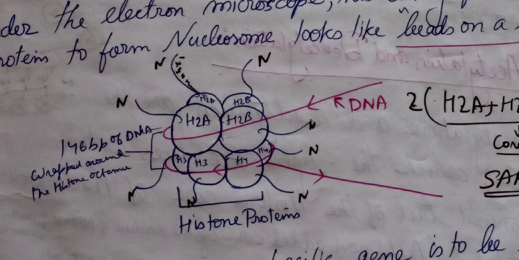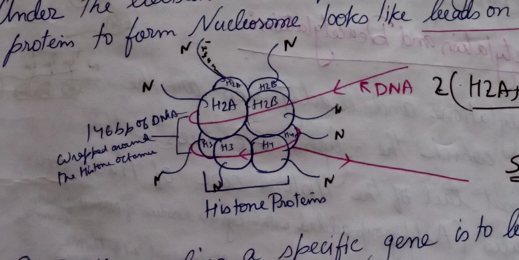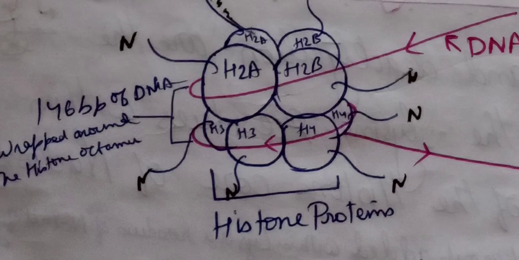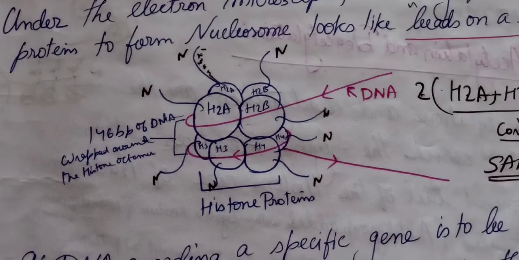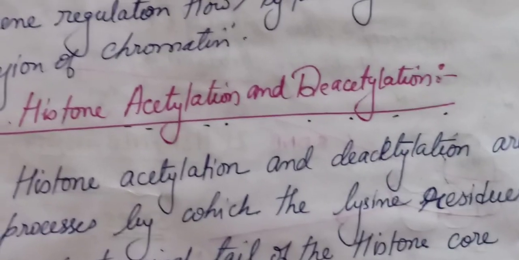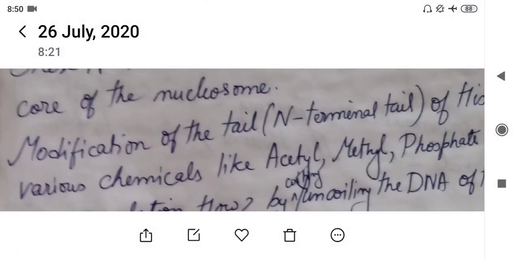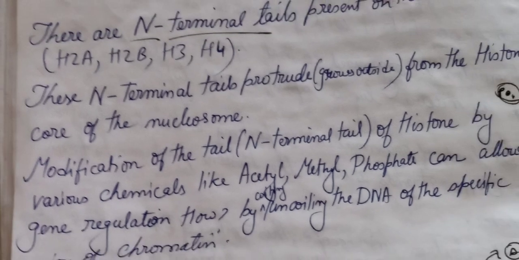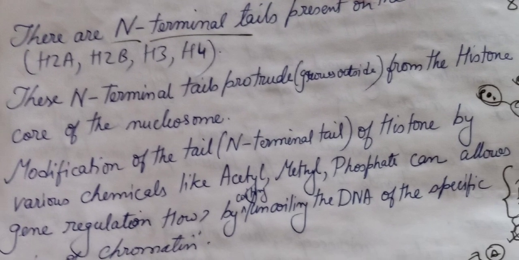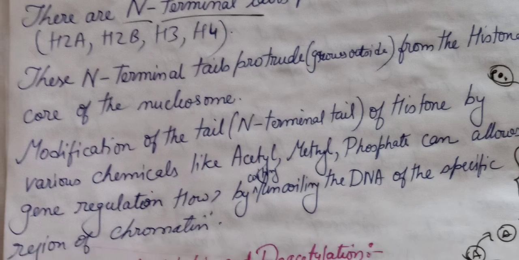See, H2A has this N terminal tail, H2B has this N terminal tail, H3 has this N terminal tail, and H4 also has this N terminal tail. So they all protrude outside the histone octamer, from the core of the nucleosome.